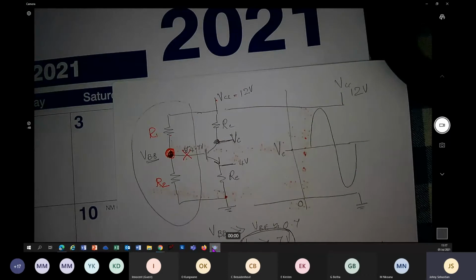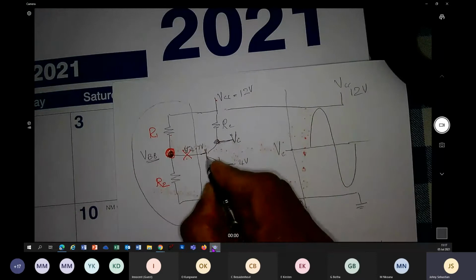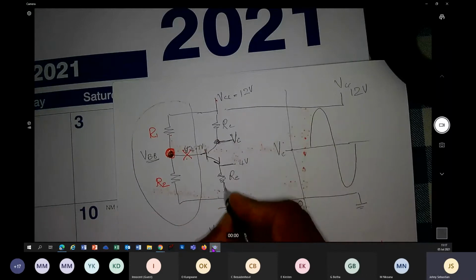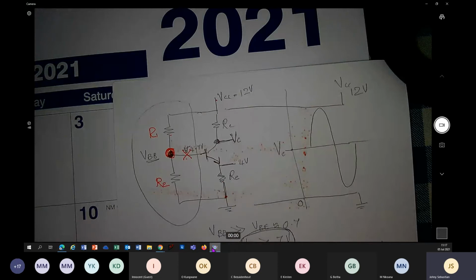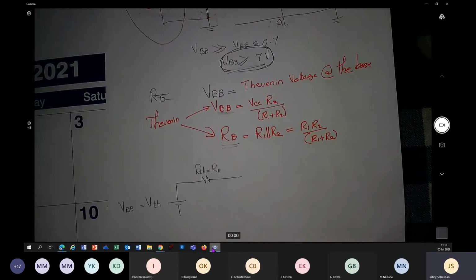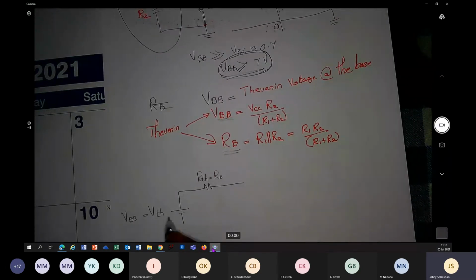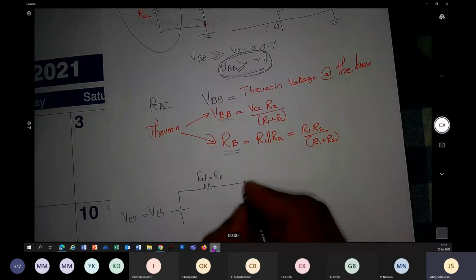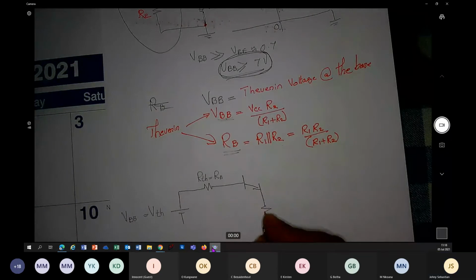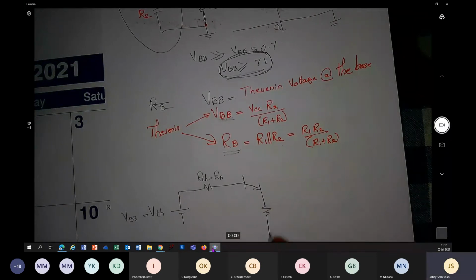What is left is the base and emitter, and an emitter resistance going to ground. So if we replicate that using Thevenin voltage and Thevenin resistance, we have VThevenin in series with RThevenin. There is the base. Here is the emitter. And here is the emitter resistance, RE.